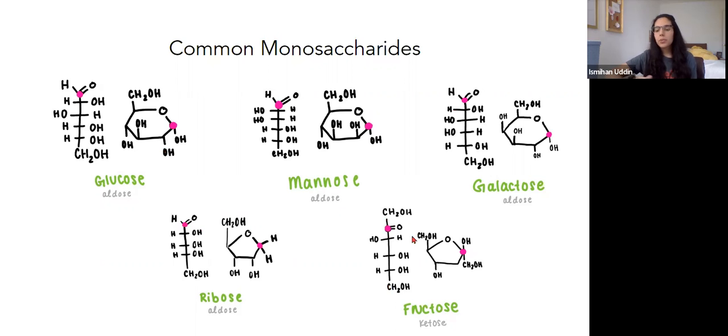So ketoses come from ketones, aldoses come from aldehydes. And this is a non-reducing sugar, because all of these aldoses have hydrogens on the C1. This one does not have a hydrogen on the C1, so it's non-reducing.